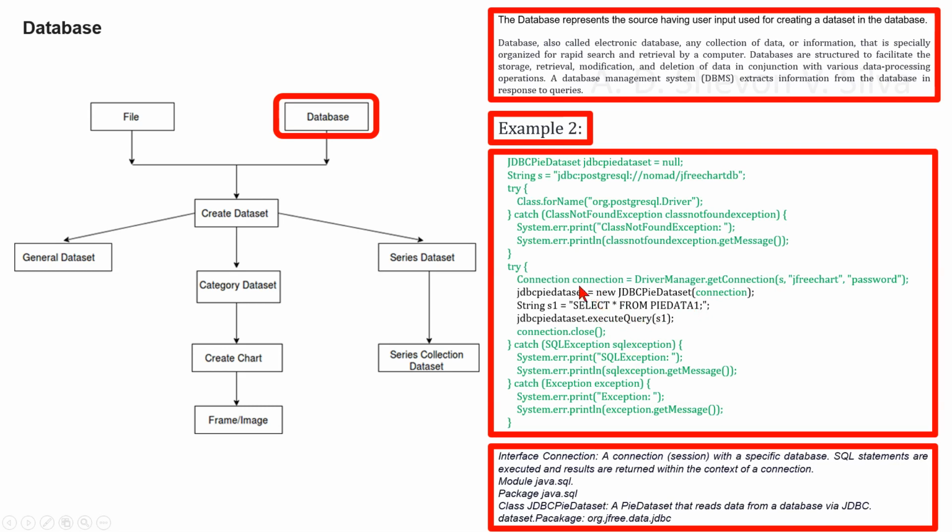The interface Connection is in module java.sql and package java.sql. The class JDBC Pie dataset, a Pie dataset that reads data from a database via JDBC.